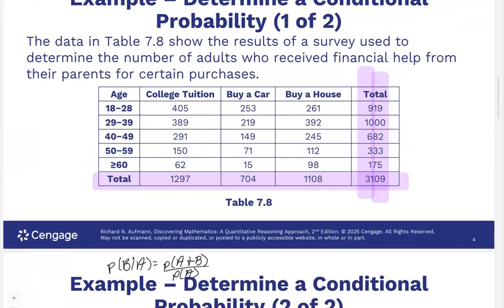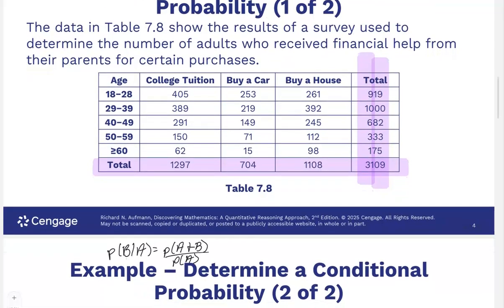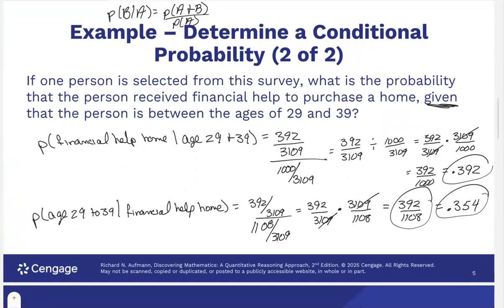We only care about that event happening, and then out of all of those, how many were in that age bracket? So it would be 392 out of 1108, which is exactly what happened when we did our keep, change, flip to simplify that fraction.